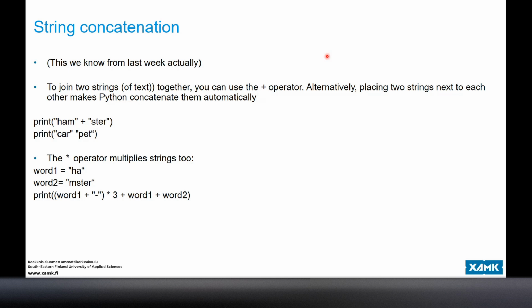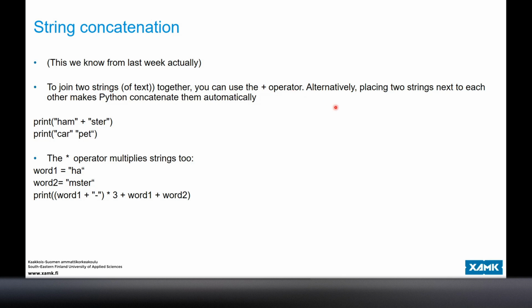This is actually in many cases a bit different to many other languages. And similarly, if you come from a background of doing programming with another language, this is where you will probably make mistakes because for Python it works slightly differently. So this we know from last week, actually, this string concatenation. So if you want to join two pieces of text together, you can use the plus operator.